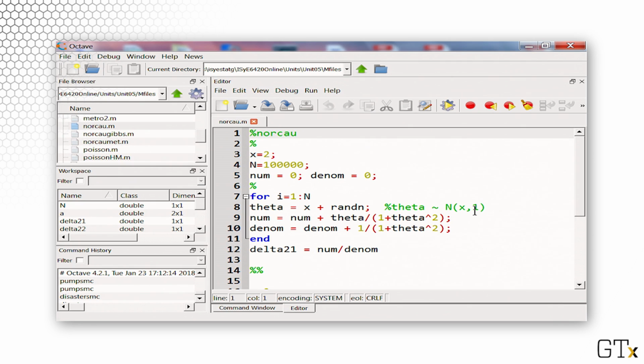So this theta equals x plus random normal is simulating a number with normal distribution with mean x and variance 1. And then in the numerator, I have theta over 1 plus theta squared. And in the denominator, I have 1 over 1 plus theta squared. What I'm doing here, I'm making the sum. At the beginning, the numerator and denominator are equal to 0.